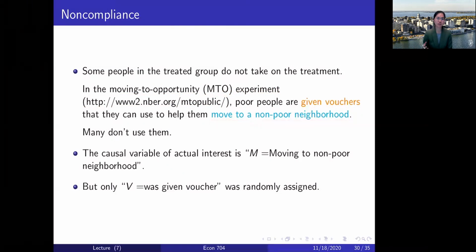The purpose of the experiment is to study the effect of moving to a non-poor neighborhood on the welfare of the individual. However, people can be given vouchers, but they cannot be forced to move. So many people who receive vouchers do not use them, do not move. And the opposite could also happen. The people who were not given vouchers somehow managed to move to a better neighborhood.